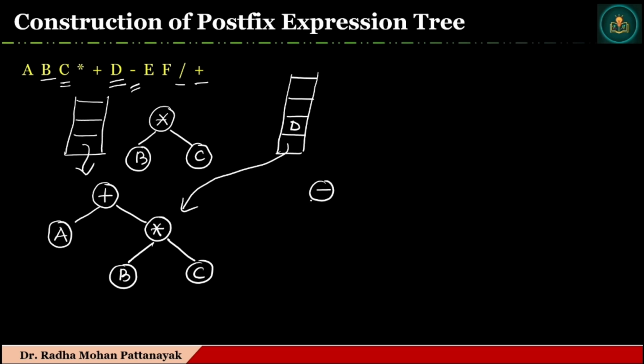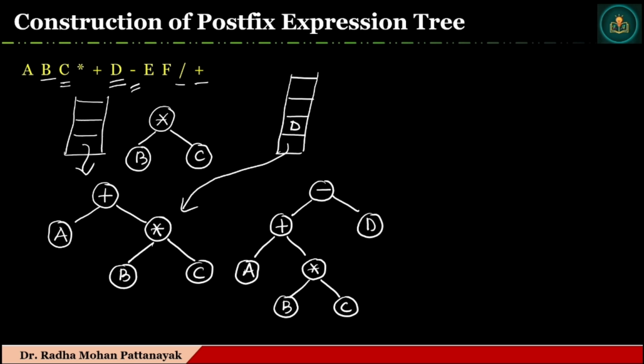Then the left side is the tree, so draw the tree here: plus, then A on the left, then multiplication on the right, with B on the left of multiplication and C on the right. Then the right side of minus is D. Now pop these two operands. One is D, delete that D. Next delete that. The result of this place is this tree now.